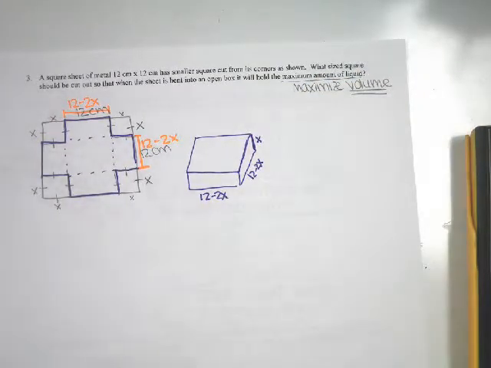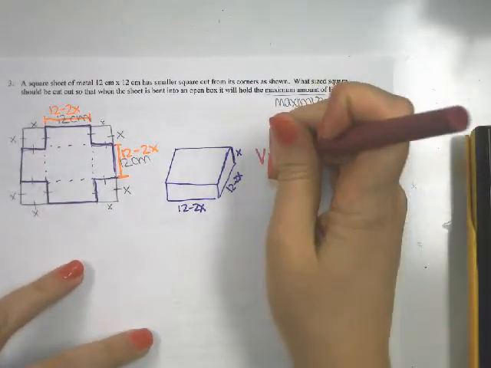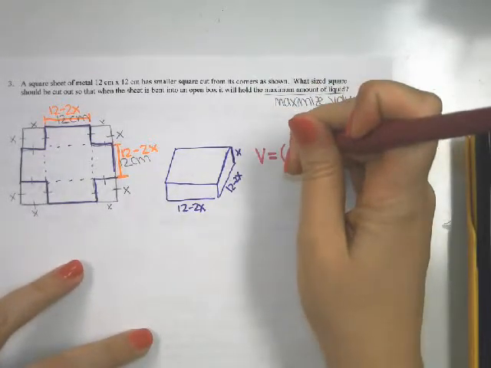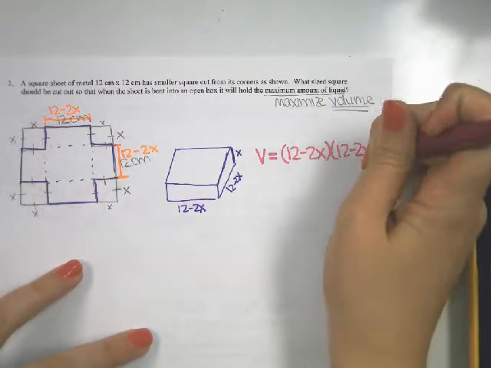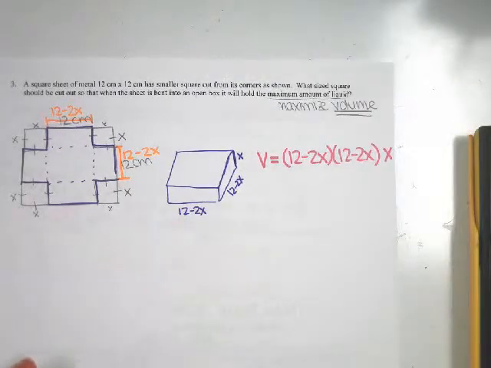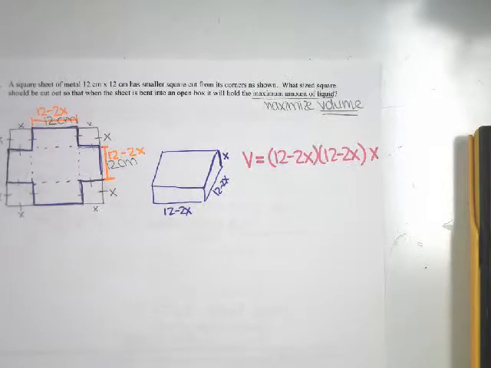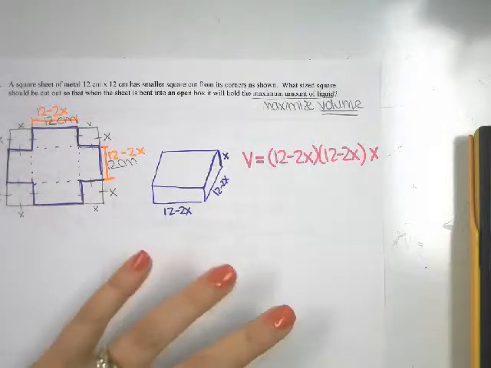So our volume formula for this shape is length times width times height. So 12 minus 2x times 12 minus 2x times x. This is what we want to maximize. We want to maximize the volume. We want to maximize the space inside.